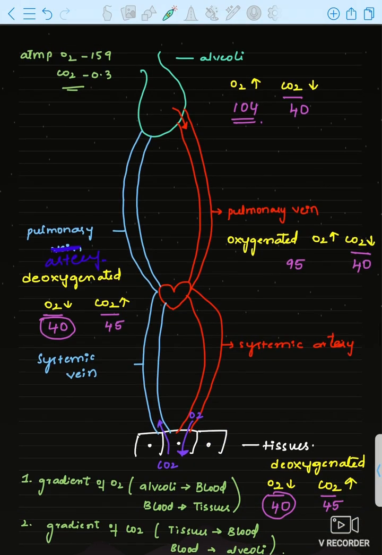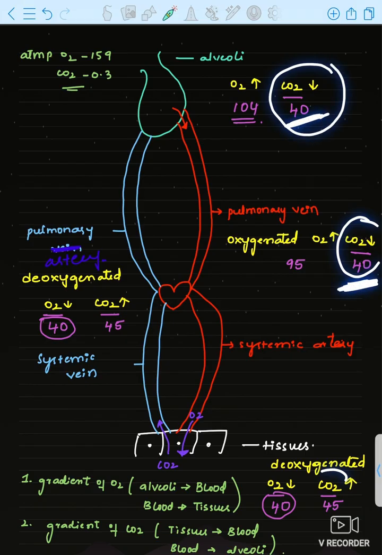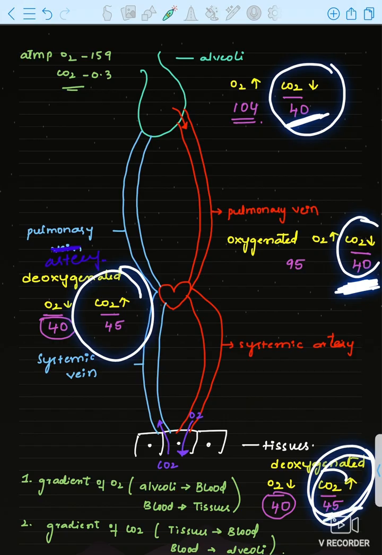How you have to remember the values: wherever CO2 is less, remember 40 is the value. Wherever CO2 is more, the maximum CO2 value will be 45. Remember it as 45.